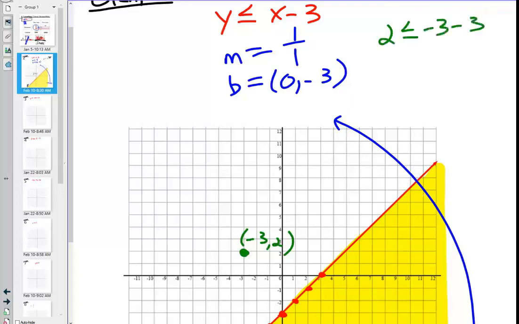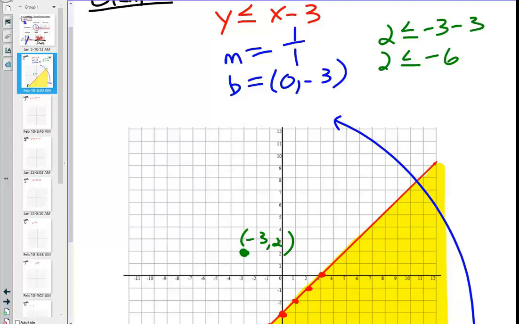What's -3 minus 3? It's -6. Is 2 less than or equal to -6? 2 is not less than -6. It's also not equal to -6, so that would be false. Any point in white would be false. Any point in yellow would be true.